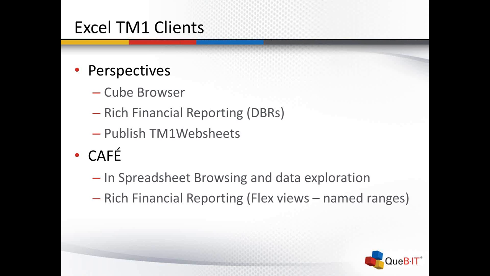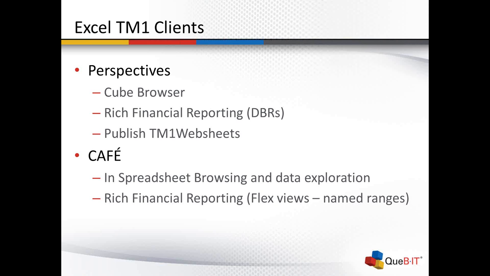In Cafe, you do that same thing with flex views. So you take a view, as I was showing on the previous screen, and you drag and drop it into Excel, and then you convert it to a flex view. What happens with a flex view is that the Cafe add-in uses named ranges to keep track of everything, so it knows which number to pull into which cell.